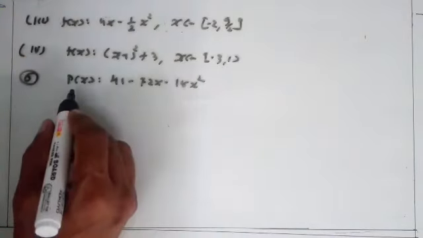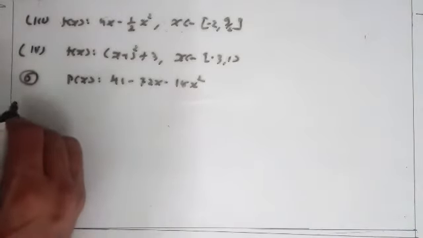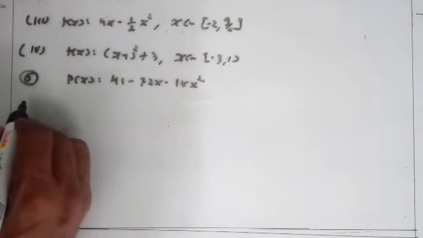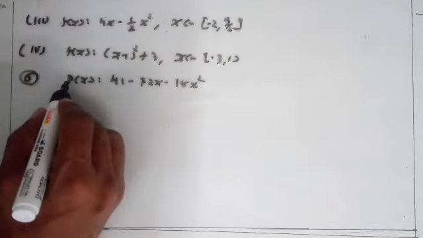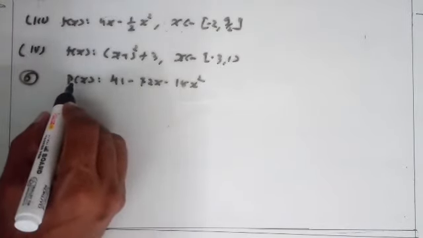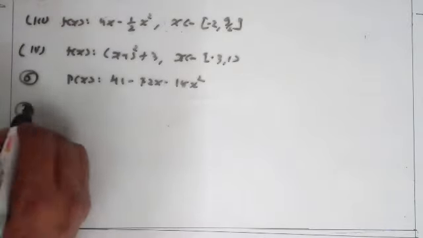First derivative, compare with 0, get the value of x, put it in the second derivative and get the maximum or minimum value. Clear? Here to get the maximum profit we get the value of x where the second derivative of p(x) is less than 0.